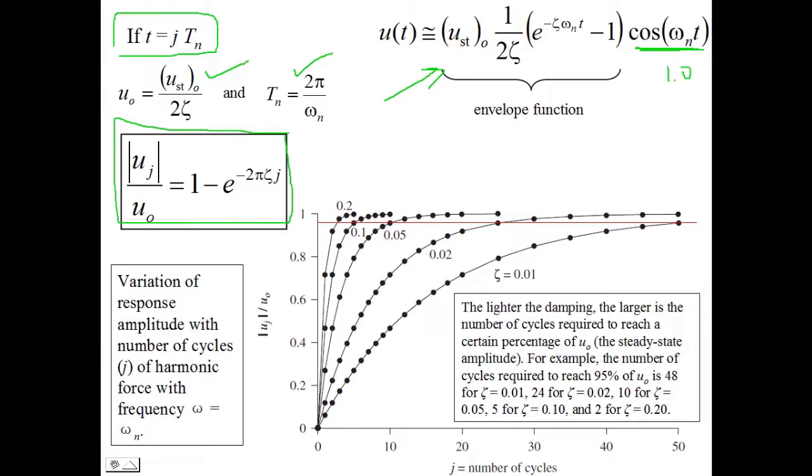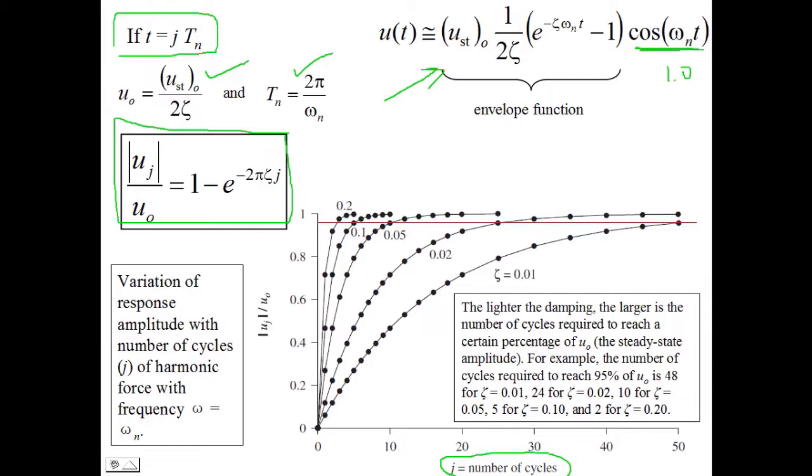The figure on this slide shows the variation of response amplitude with number of cycles of harmonic force with the frequency omega equals omega n. It can be seen that the lighter the damping, the larger is the number of cycles required to reach a certain percentage of U0, the steady state amplitude.